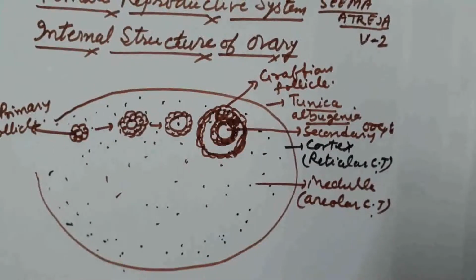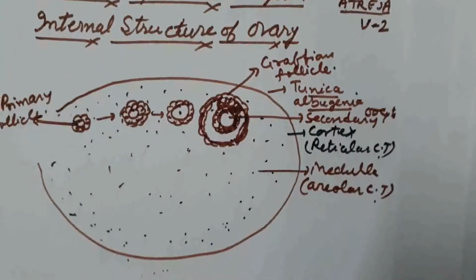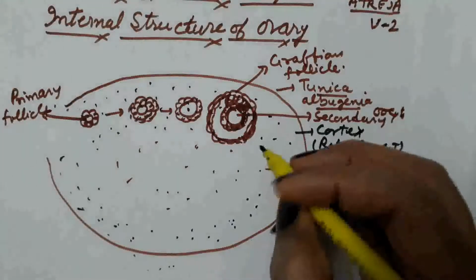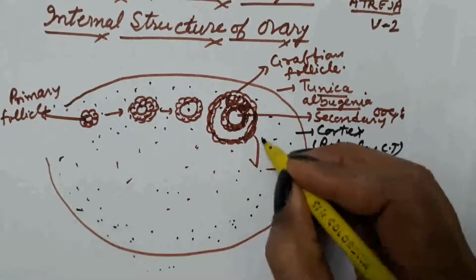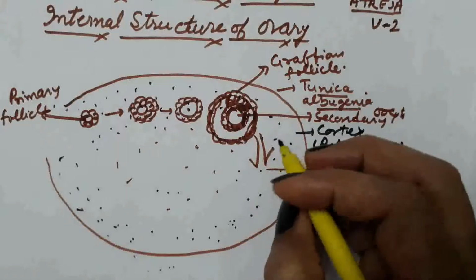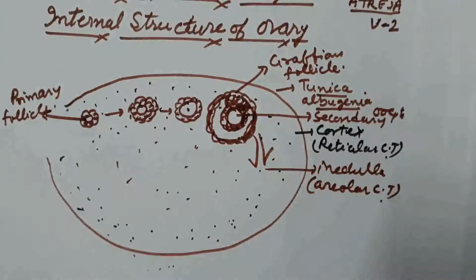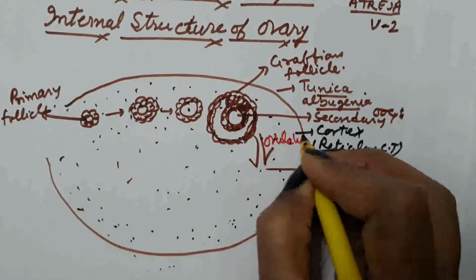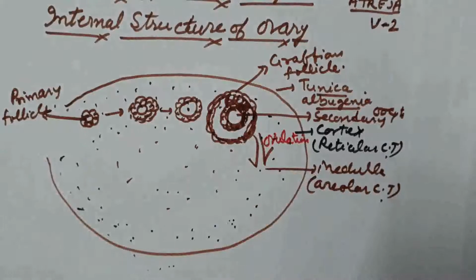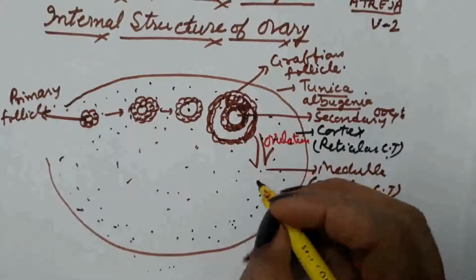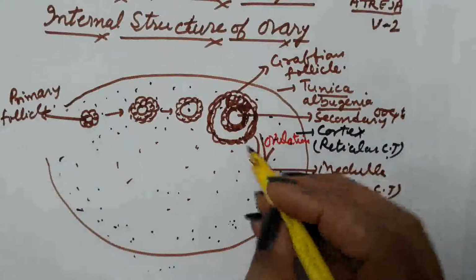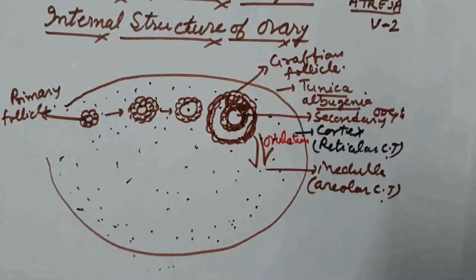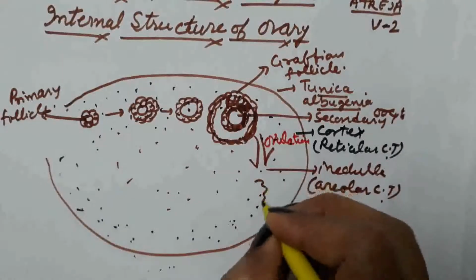Now what happens? Ovulation takes place. What is ovulation? That is the release of egg or secondary oocyte from the ovary. So Graafian follicle ruptures. This is the ruptured Graafian follicle.